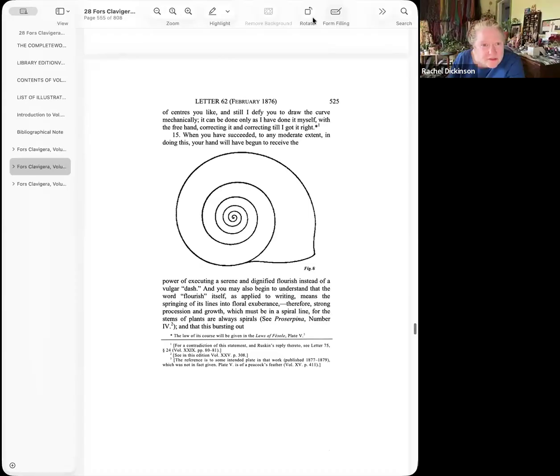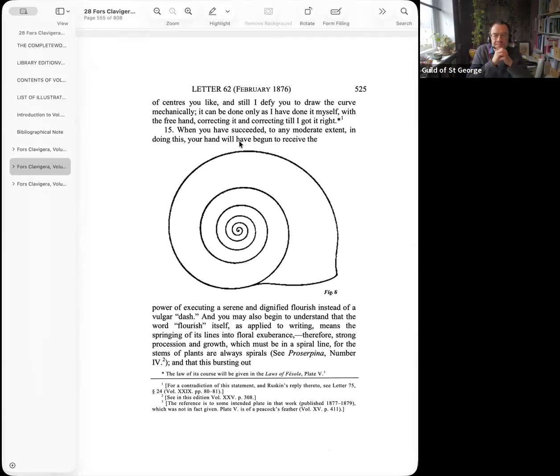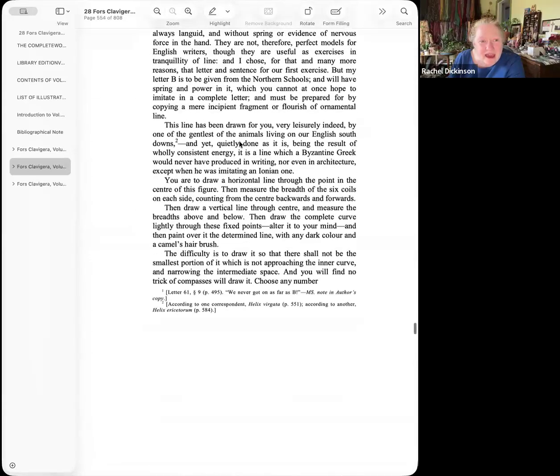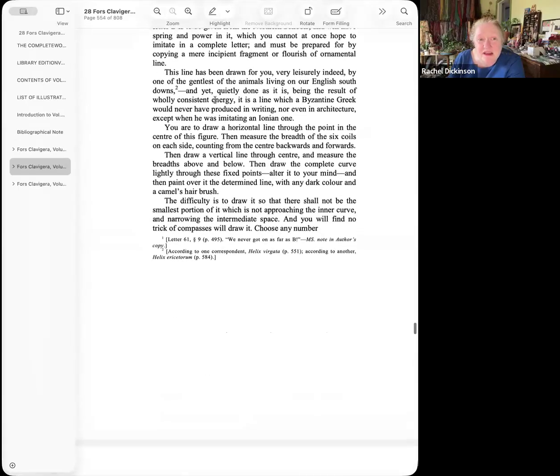So I have found the one where he talks a bit about drawing shells, or at least one of the times that he does it. If I share screen for a minute, anybody who wants to be able to see it can see it, because I think it could be the one you were talking about, Simon. Here, where he's drawn a shell as an example, and in the lead up to it gives advice about how to do it.